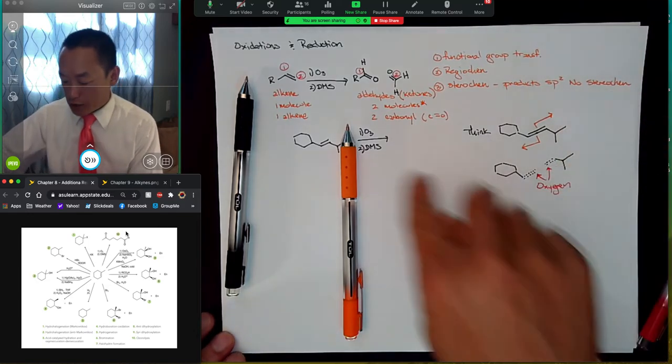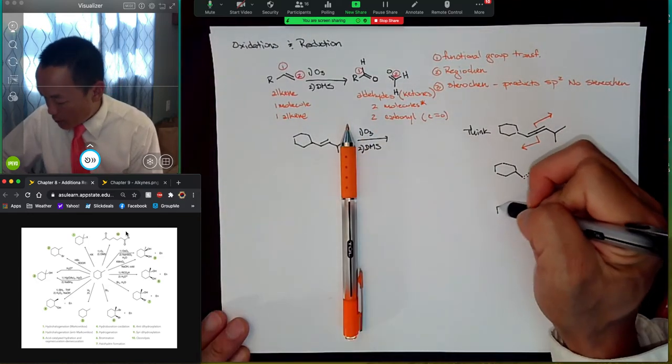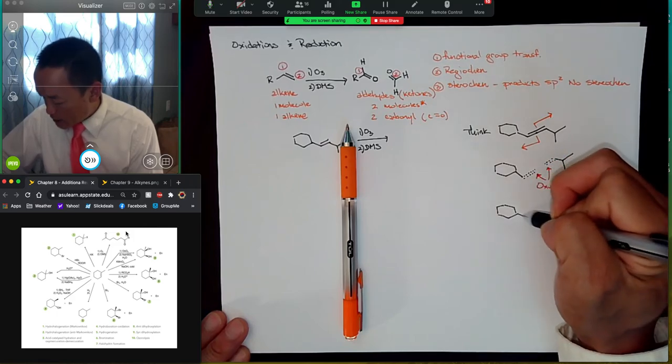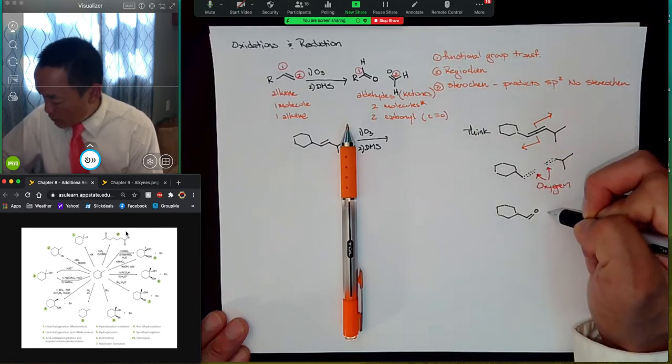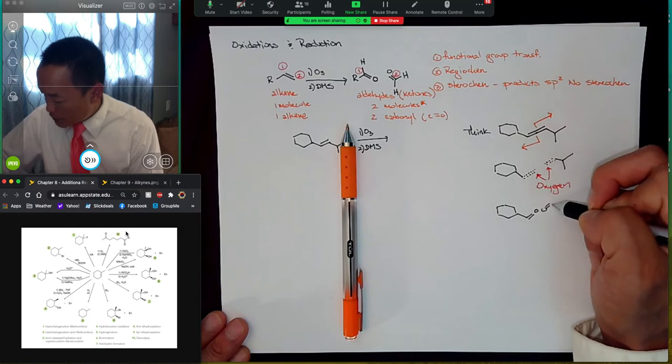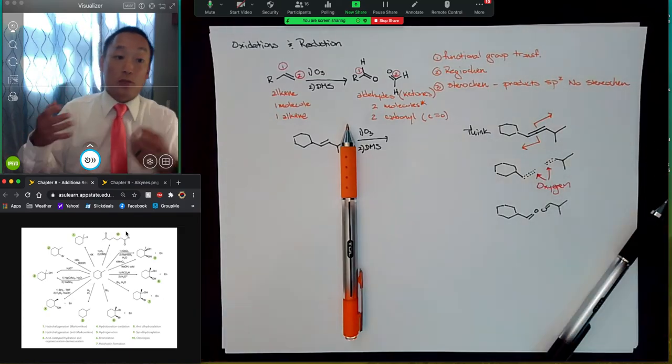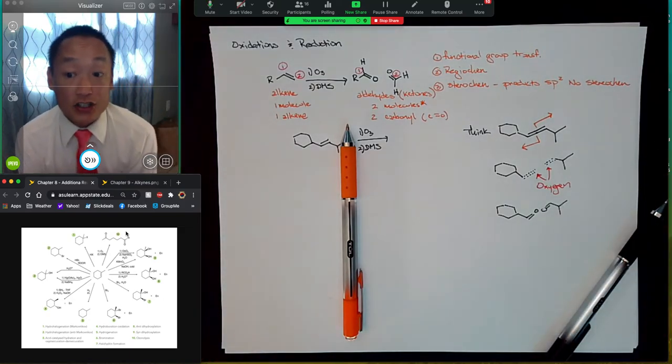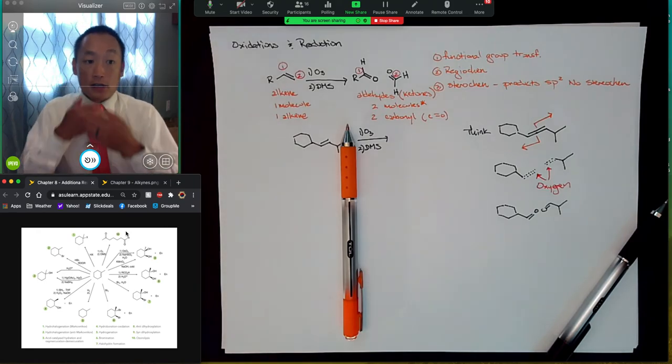And that's where these double bonded oxygens end up coming into play. I've effectively ripped apart that double bond and then placed oxygens in between them. And so that's the idea there, this ozonolysis.